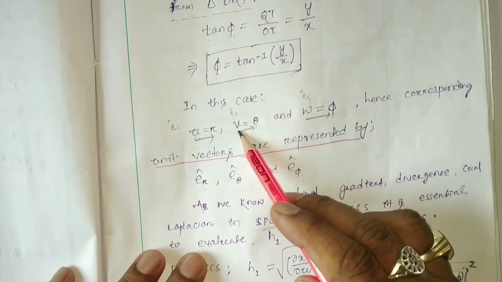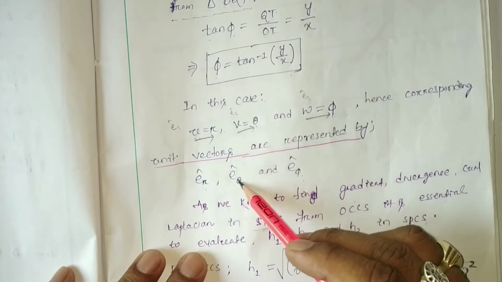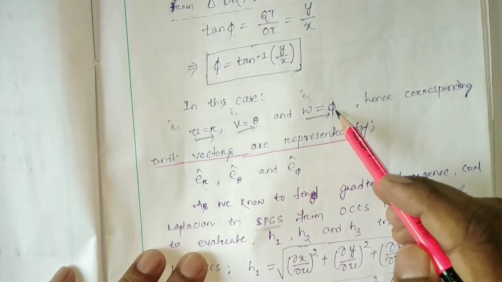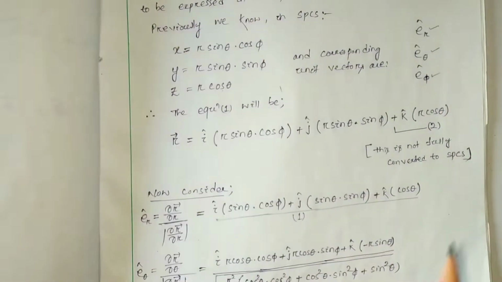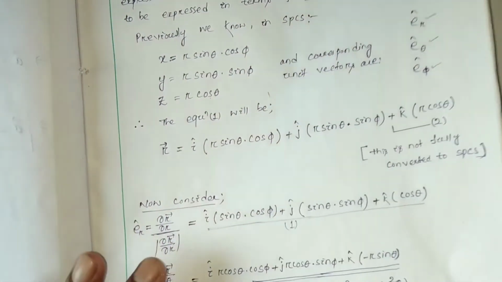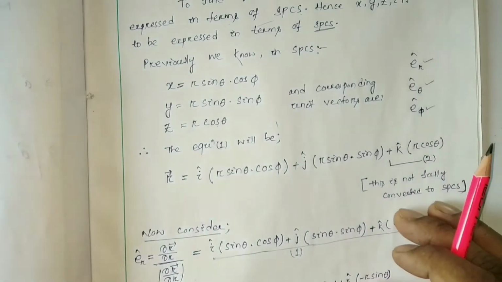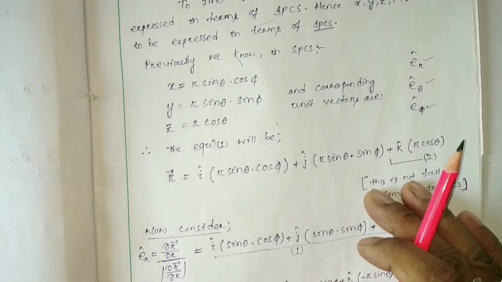Here v transforms to theta with the corresponding unit vector e theta cap, and phi with e phi cap. We already discussed that at that time, and we are going to use these results now.